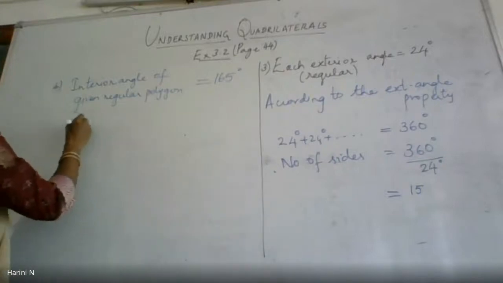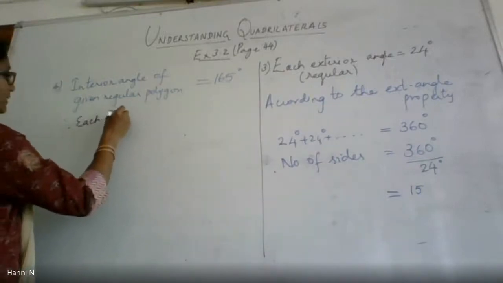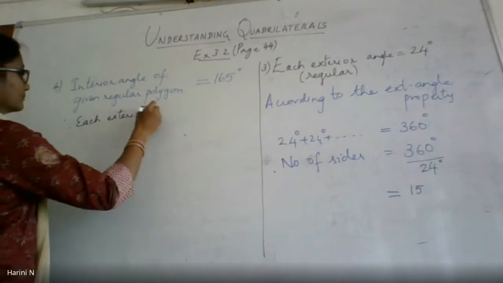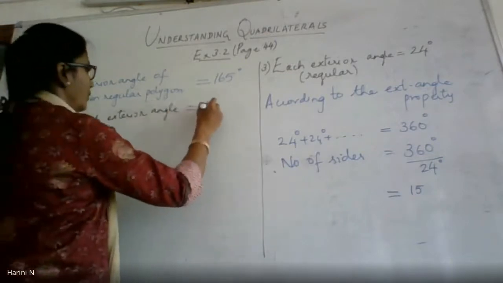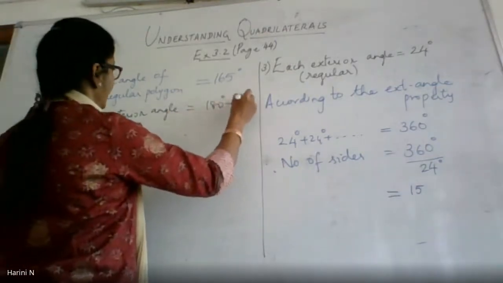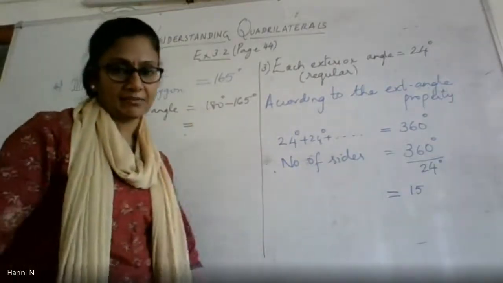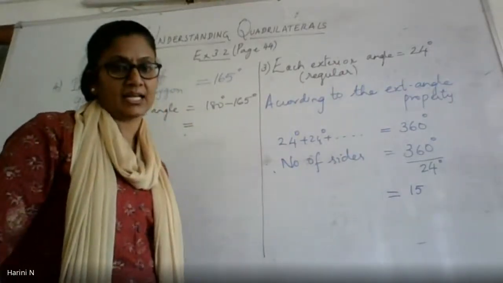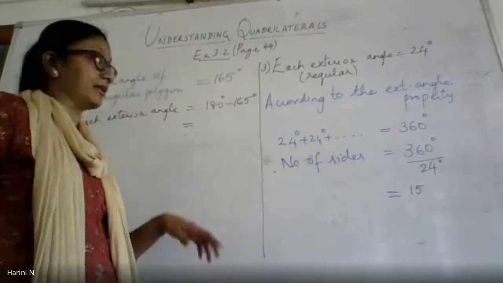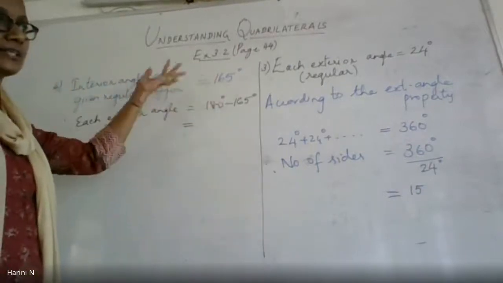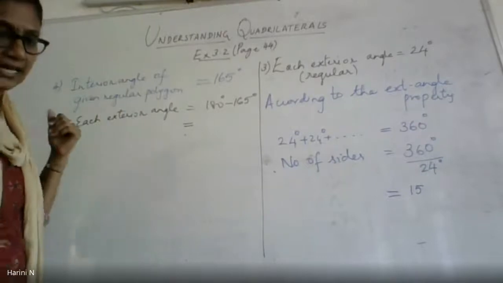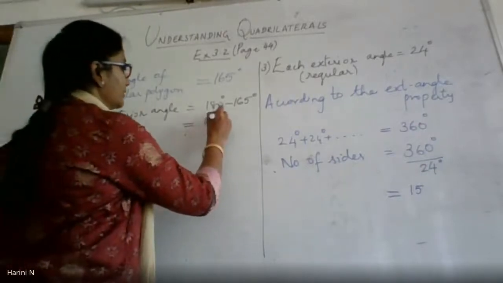Therefore, each exterior angle will be equal to 180 minus 165. I hope you understand why it is 180 minus 165. Because at a given vertex, the interior and exterior angle together will form a linear pair. So if I know one of the angles, the other one can be the supplement of that angle itself. So this will become 15 degrees.